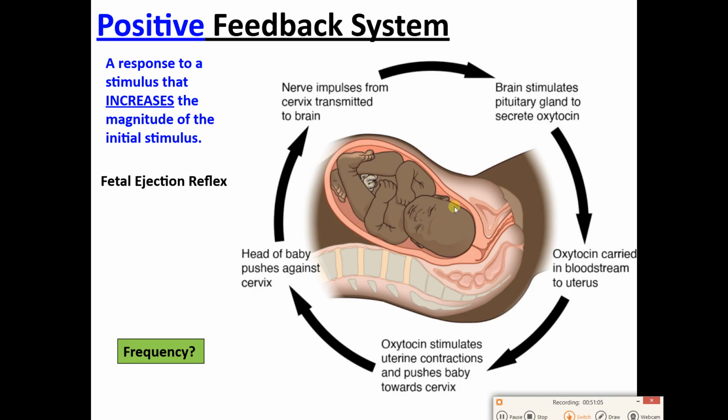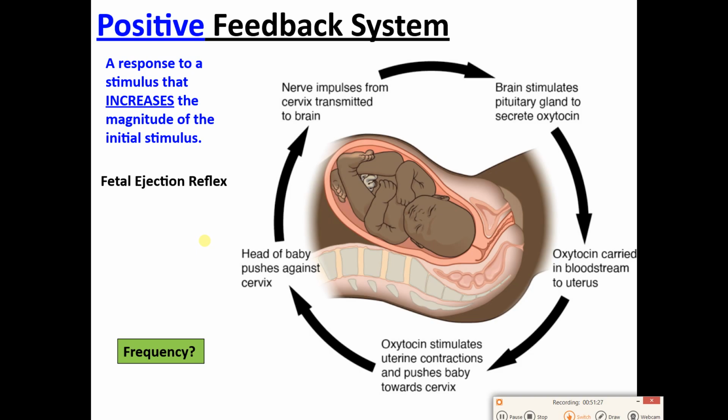There are also positive feedbacks, though. Positive feedbacks don't do the opposite of the initial change. In positive feedback, we increase, we augment the strength, the magnitude of the initial stimulus.